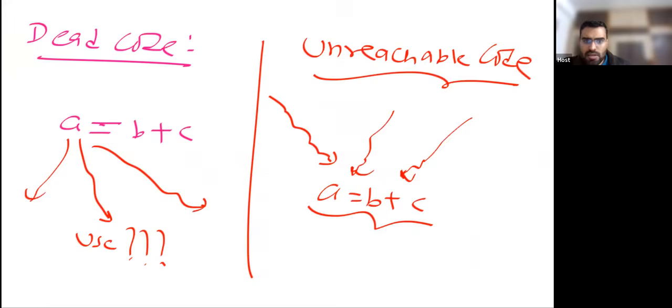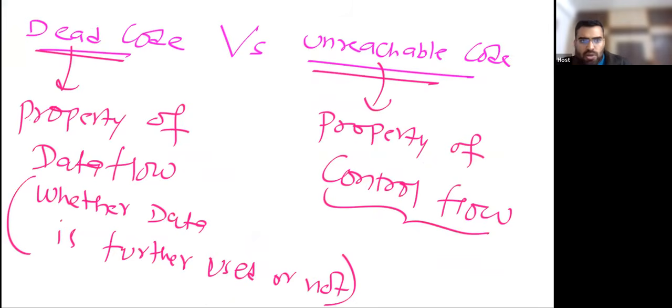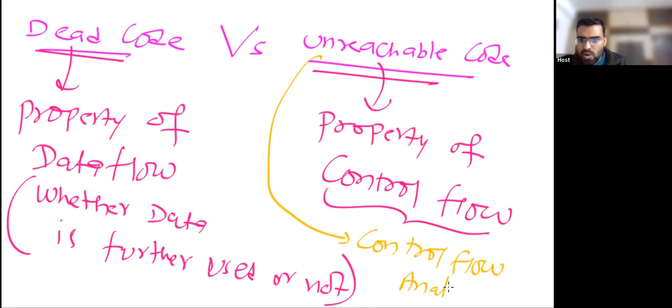So can you notice, unreachable code is a property of control flow. This comes in control flow analysis. And dead code we study in data flow analysis.